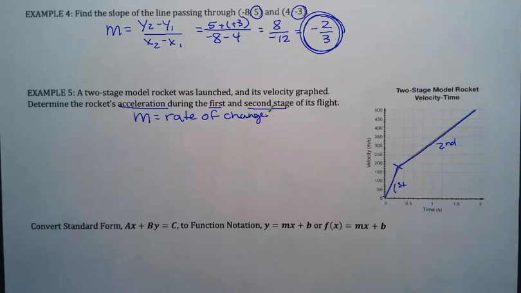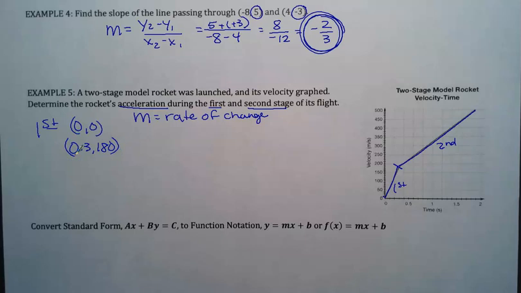Okay, so again, you might pick out 2 points. So I've got 0, 0 here, and looks like 0.3, 180. So my first stage. Okay, so I'm going to use the points 0, 0 and 0.3, 180.